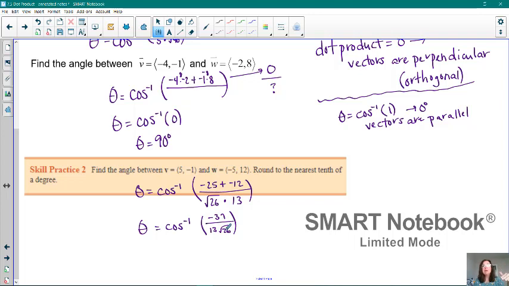Well, that means we must be in quadrant 2, where angles are between 90 and 180. So we're expecting an obtuse angle as our result. So when we do the inverse cosine of this, we get 123.9 degrees, solidly in quadrant 2, just like we predicted.